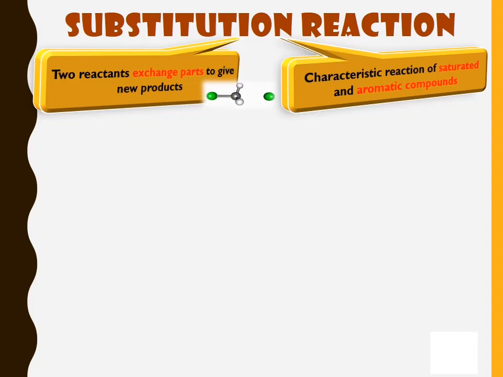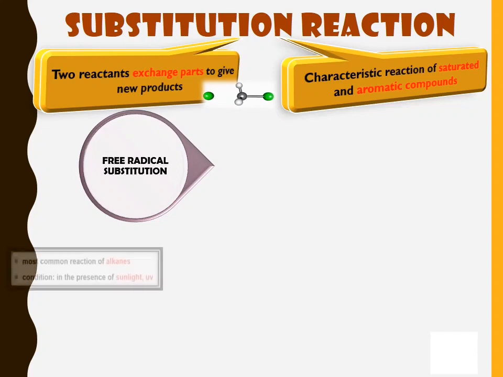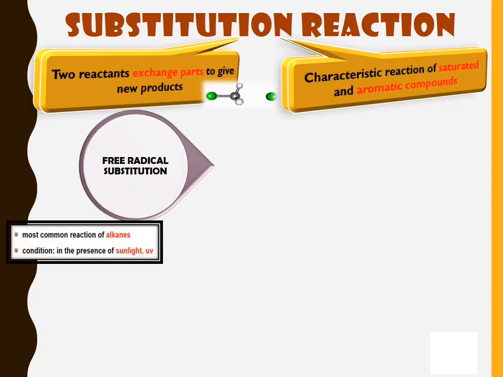We have three types of substitution reaction. The first one, free radical substitution. Most common reaction of alkane. So remember, free radical substitution normally occur in alkane.